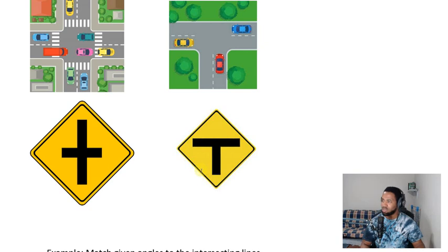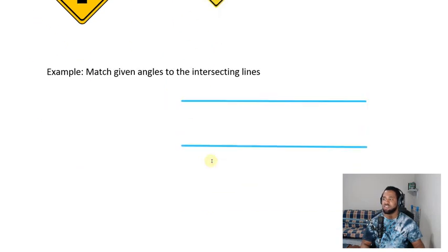So in here, we're going to look at various examples that you're going to come across in your specific activity, where you will go through question 1 all the way to question 5, and you'll be asked to match specific angles given to the respective line intersections.